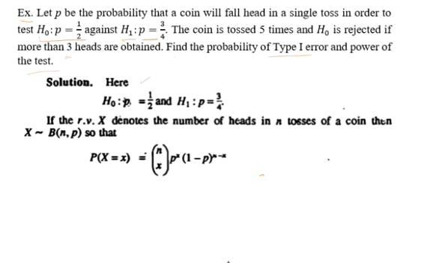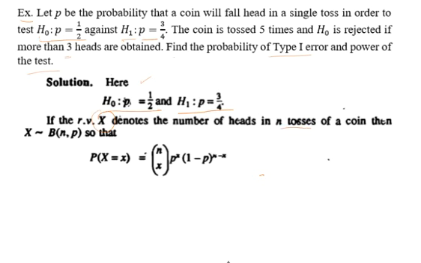So here H naught, the null hypothesis, is P equal to half, and the alternative hypothesis H1 is P equal to 3 by 4. Now we associate a random variable x which denotes the number of heads in n tosses of a coin.